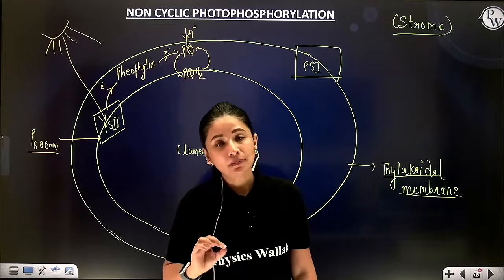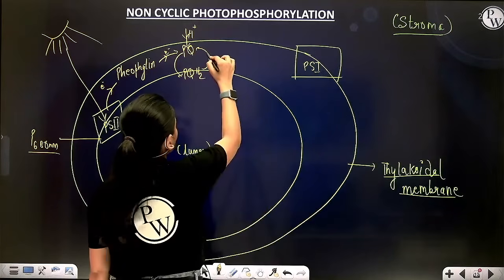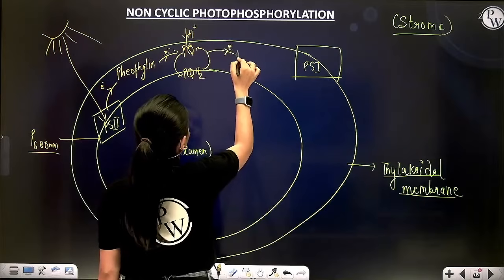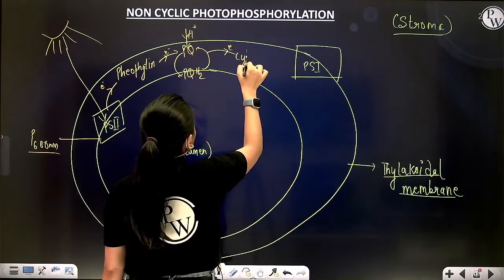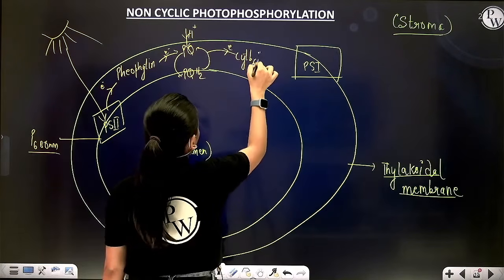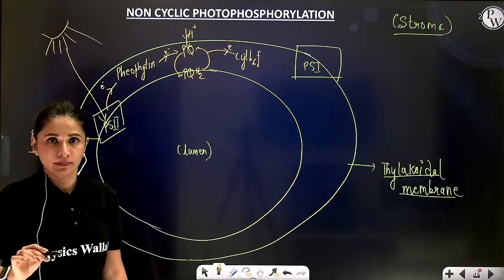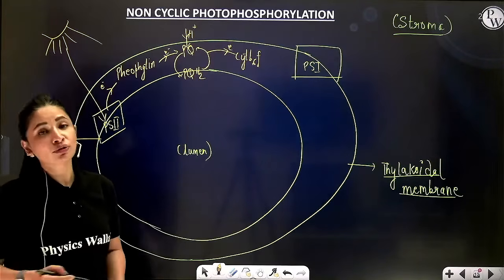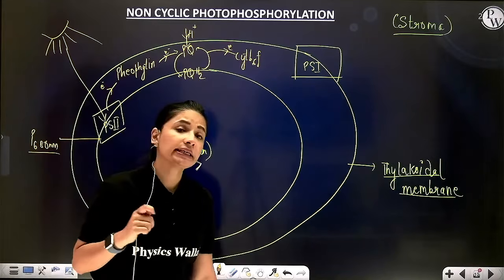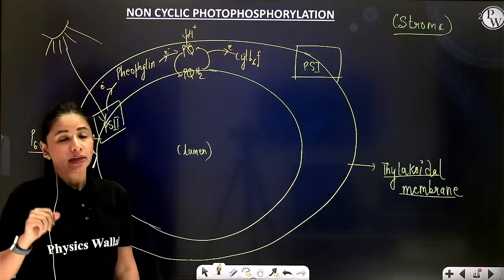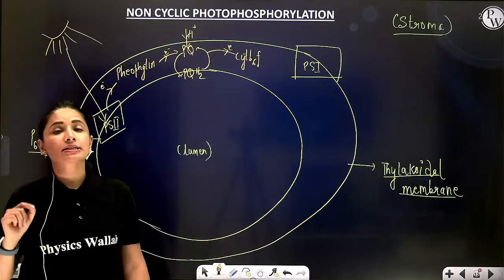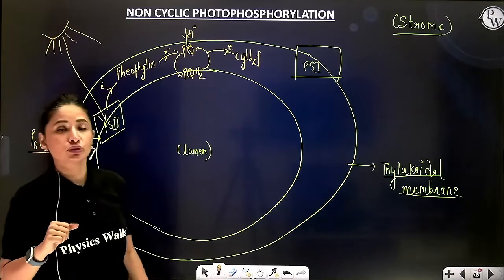Now plastoquinone is going to pass its electron to another electron acceptor called cytochrome B6F. But cytochrome B6F, students, is only an electron carrier. It refuses to accept the proton from plastoquinone.